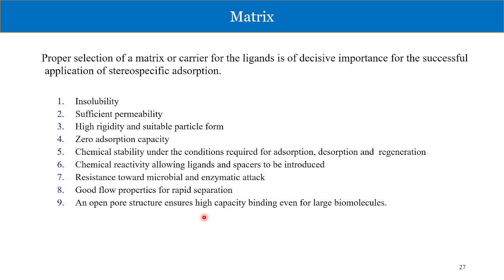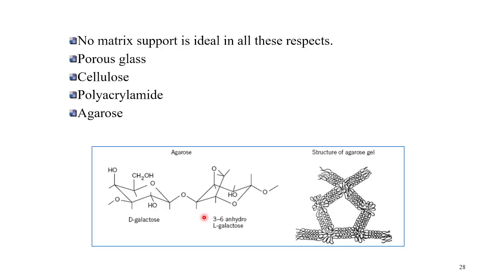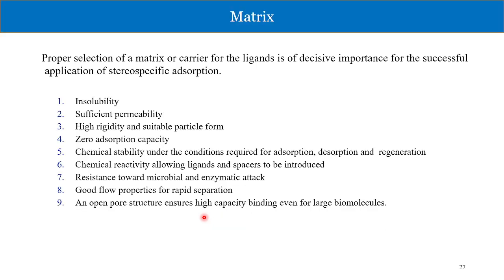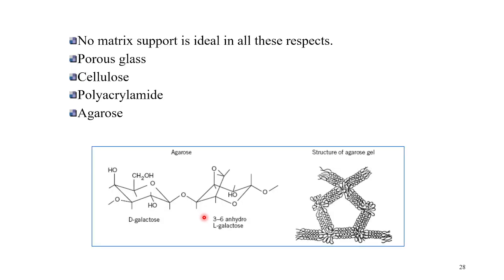So these are the different characteristics of the matrix, and the different companies keep all of these characteristics in mind. No matrix support is ideal in all these respects: porous glass, cellulose, polyacrylamide, and agarose.